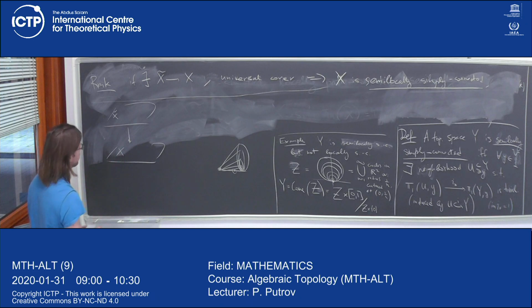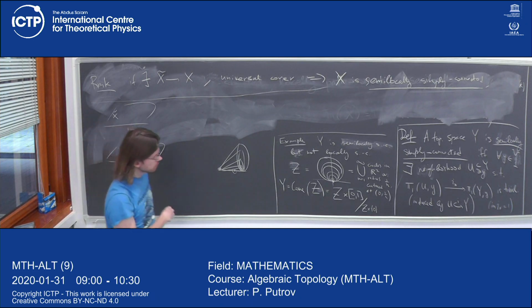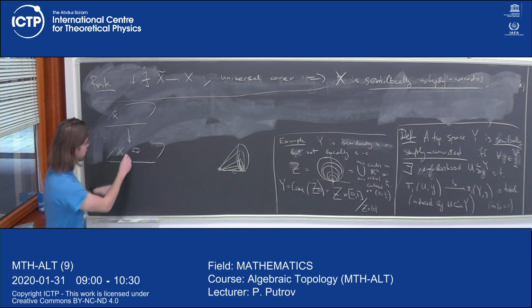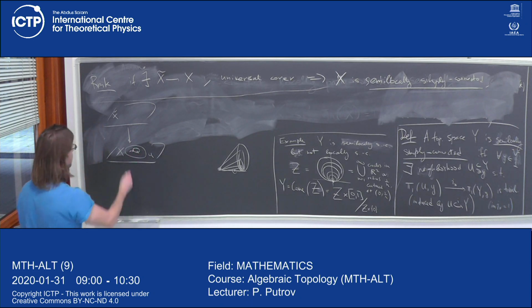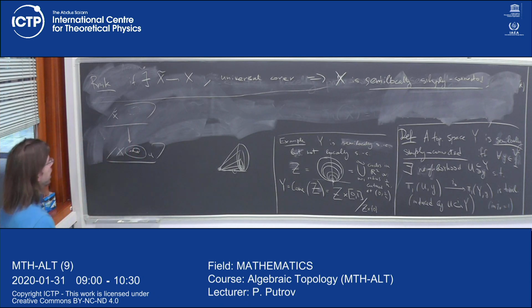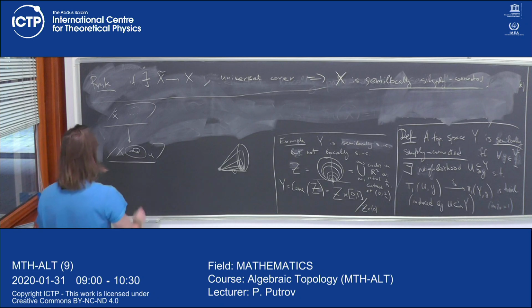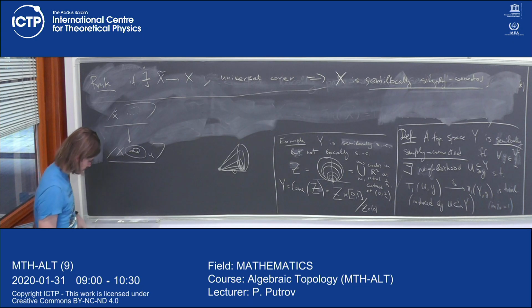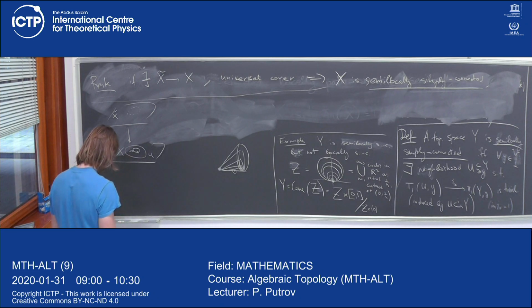So we know that if I take some point here and a loop in this neighborhood U in X, we can lift this loop to some loop here.